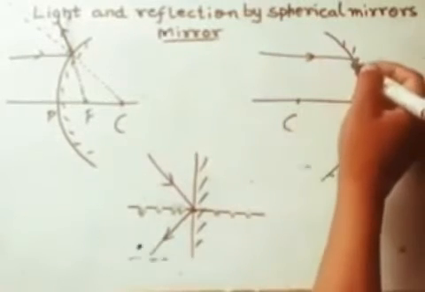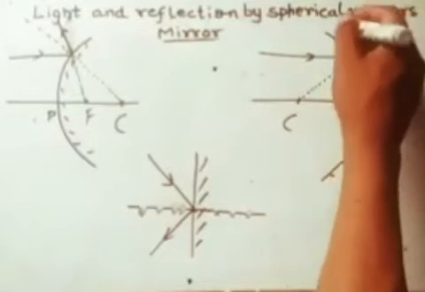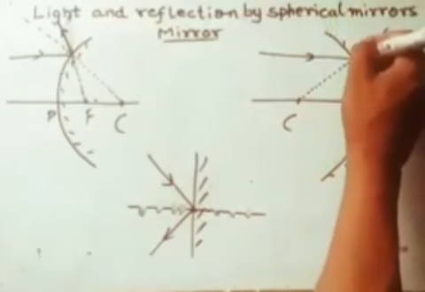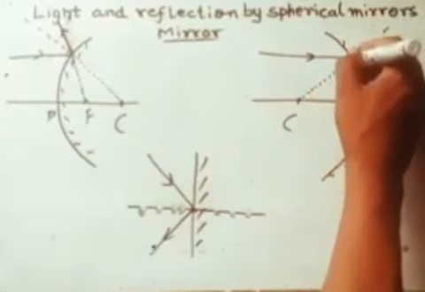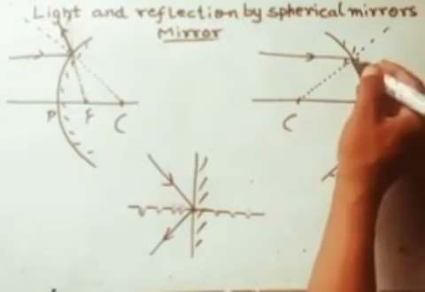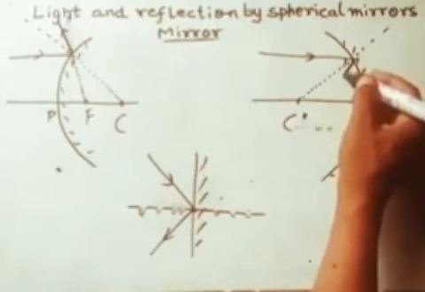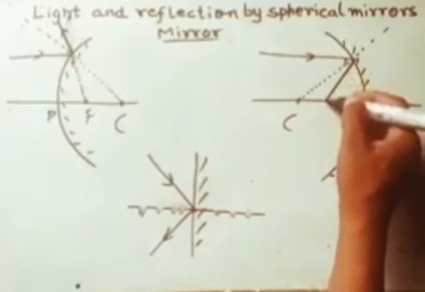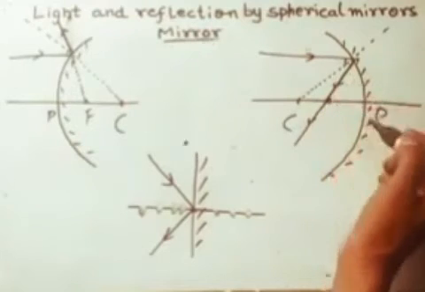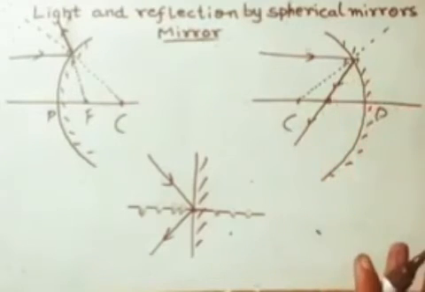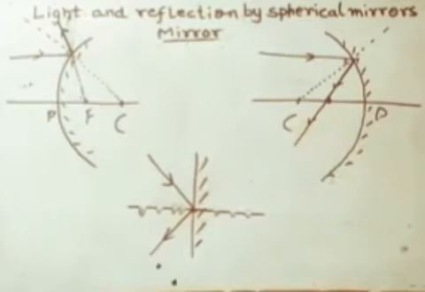In the same way here, first we will draw a normal to the plane. Actually, it is not the plane, but the normal to the surface. Then whatever the angle is, we will draw an equal angle here, and it will pass through the focus. I am doing freehand drawing. If you use geometrical instruments, it will be easily done.